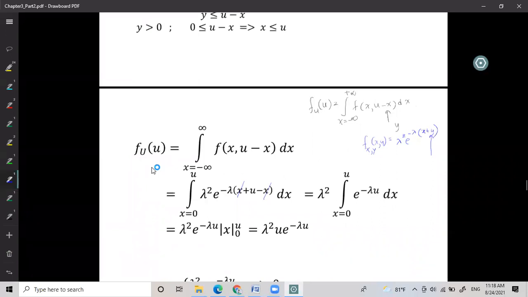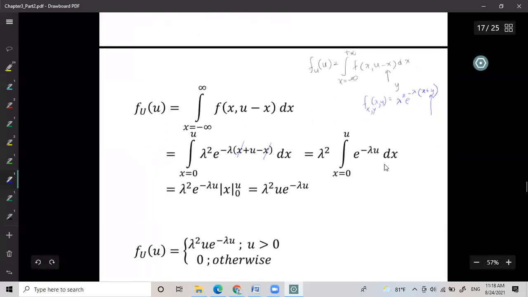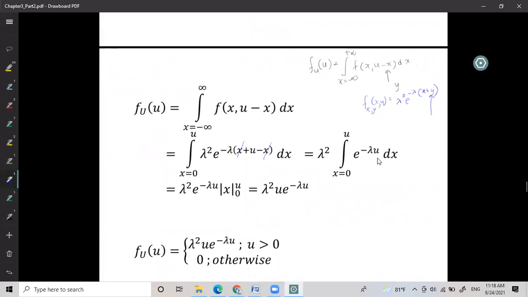This is with respect to x, so you don't see any x in this term. So it will be simply lambda square e to the negative lambda u times x, and evaluate x from 0 to u. When you do that, you'll end up with lambda square e to the negative lambda u times u. So you can write it nicely in this form.